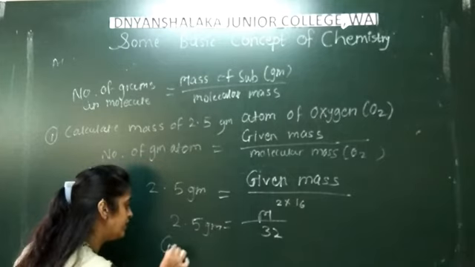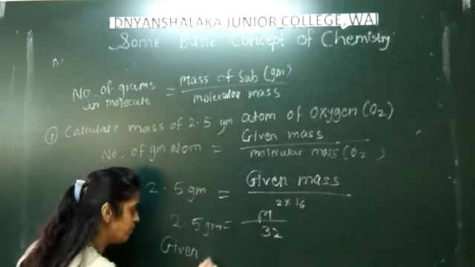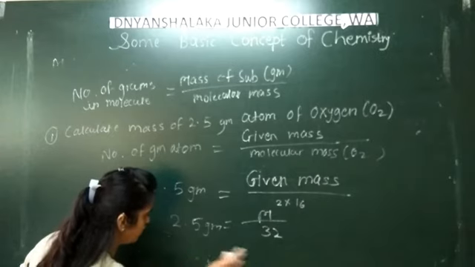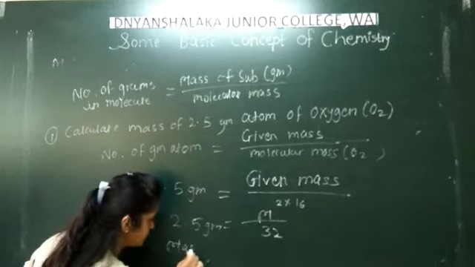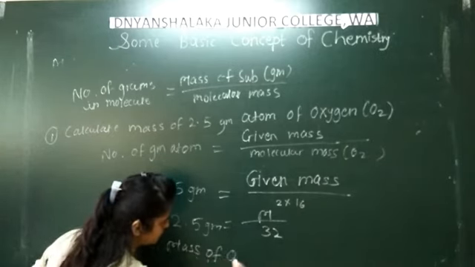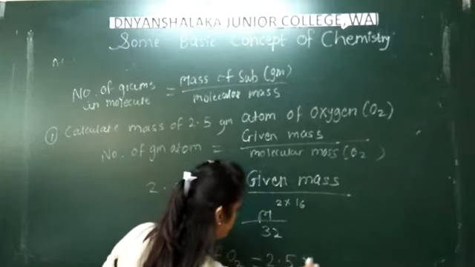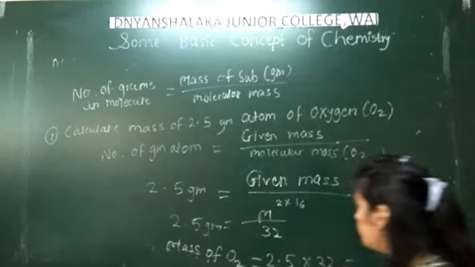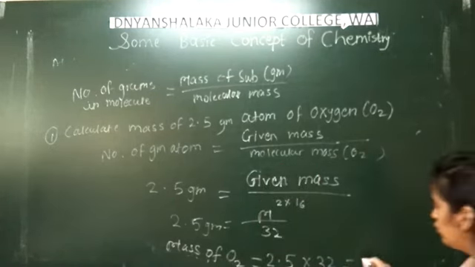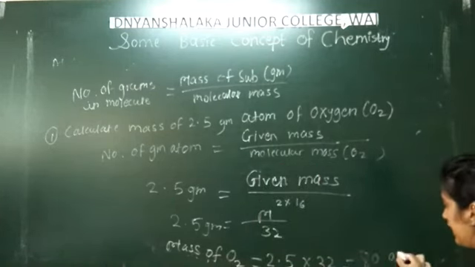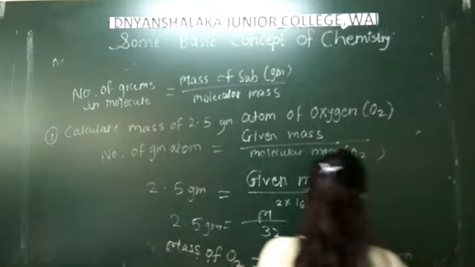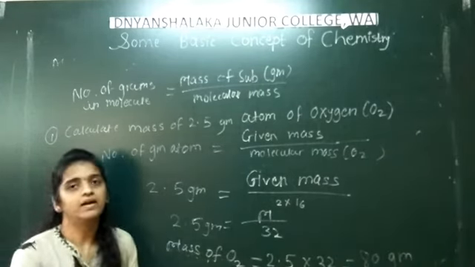So we calculate the mass of oxygen, which is equal to 2.5 into 32. Multiplying these two values we get the answer 80 gram. So the mass of oxygen is 80 gram.